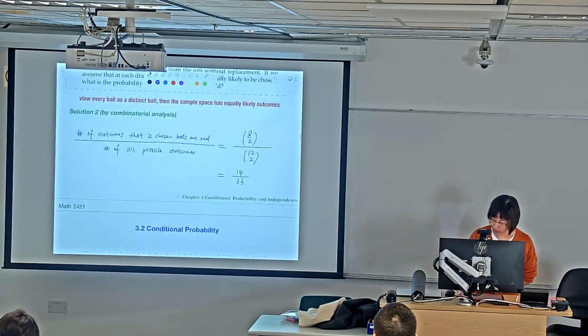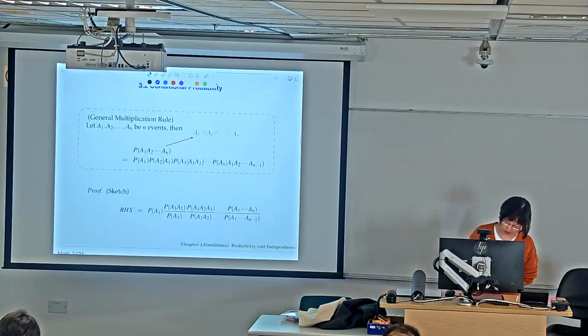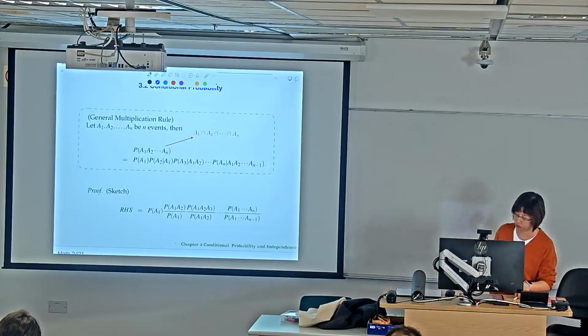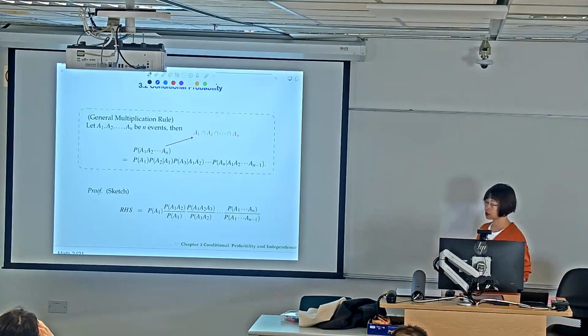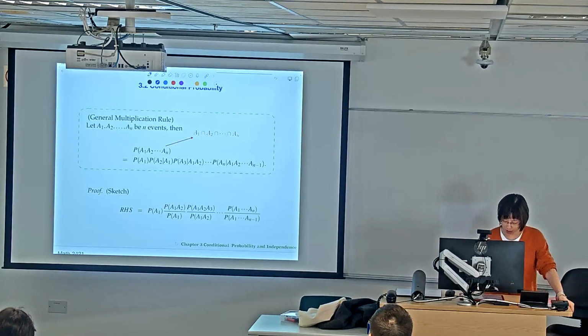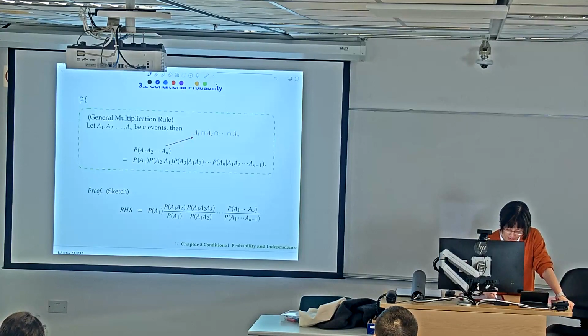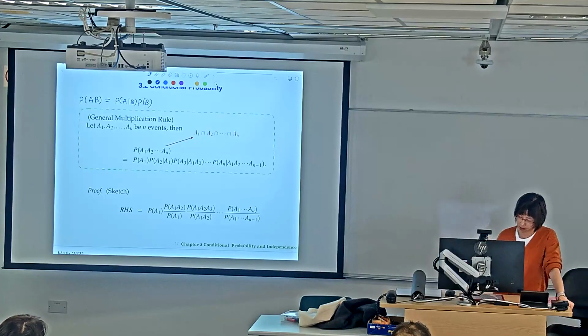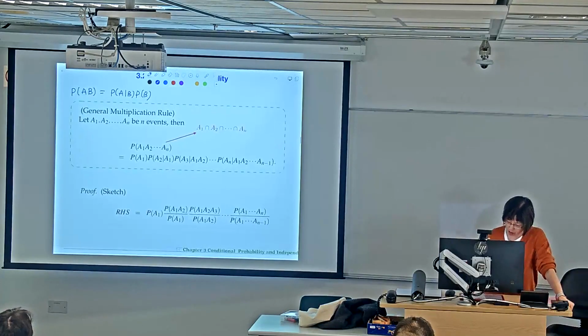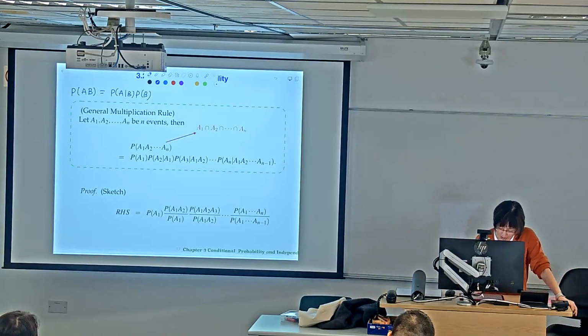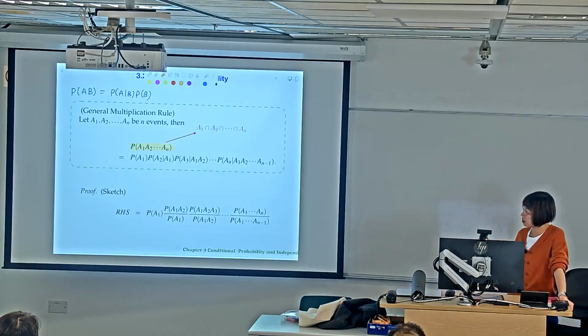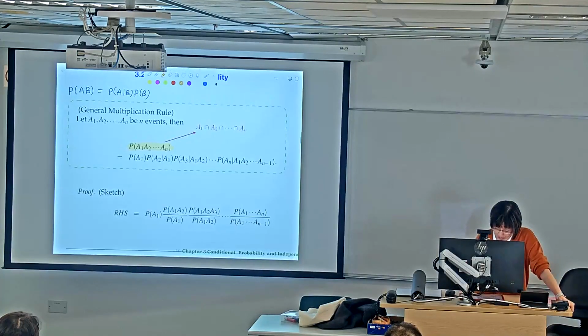Okay, next let's generalize this multiplication rule. If you want to find the probability of the intersection of not just two events but n events, previously we have the probability of A intersect B is the probability of A conditional on B times the probability of B. And here, if we want to find the probability of the intersection of n events A1 to An, this can be written as a multiplication of these n terms.